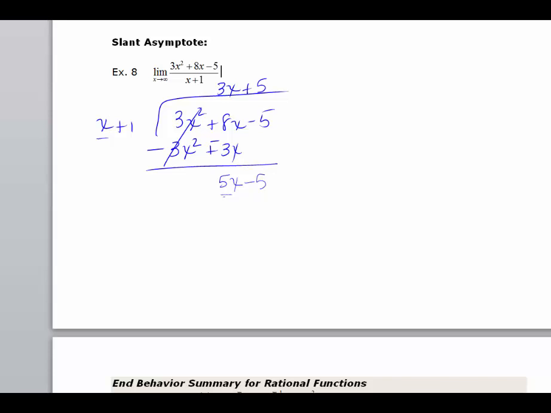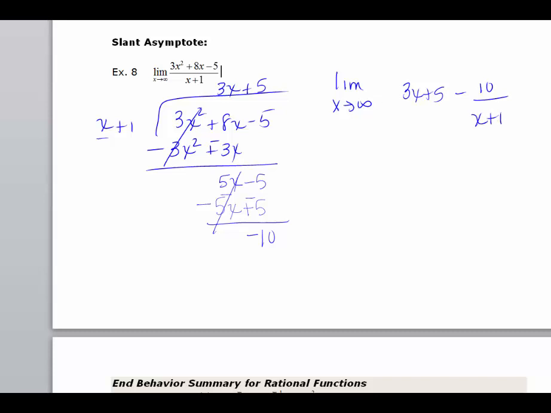5 times x is 5x. 5 times 1 is 5. And we add the opposite again. Negative, negative, that cancels. A negative 5 plus a negative 5 is negative 10. And so now what we have is the limit as x approaches infinity of 3x plus 5 minus 10 over x plus 1.